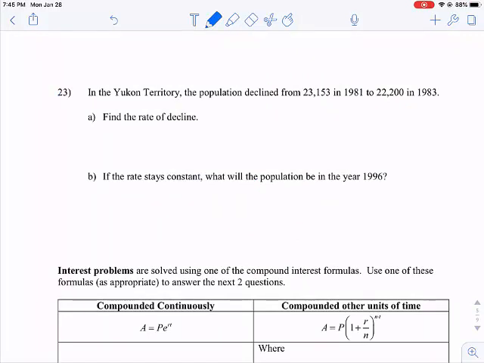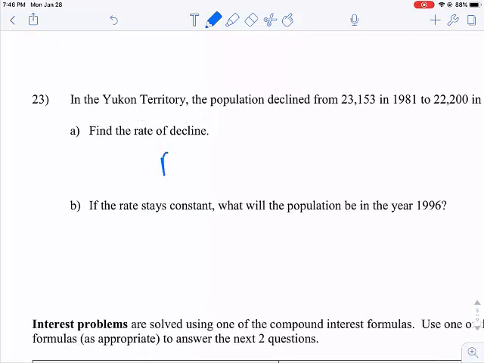All right, so number 23 here. It talks about a decline. So you're going to work with it the same way we did the last 2 problems, except we're going to be working with a decrease, which means you need to consider the fact that you're going to have the initial population, and then it's going to be 1 minus the r, and you're going to use that.